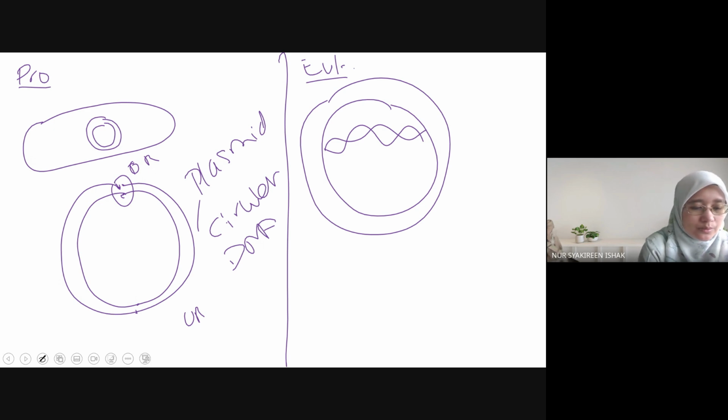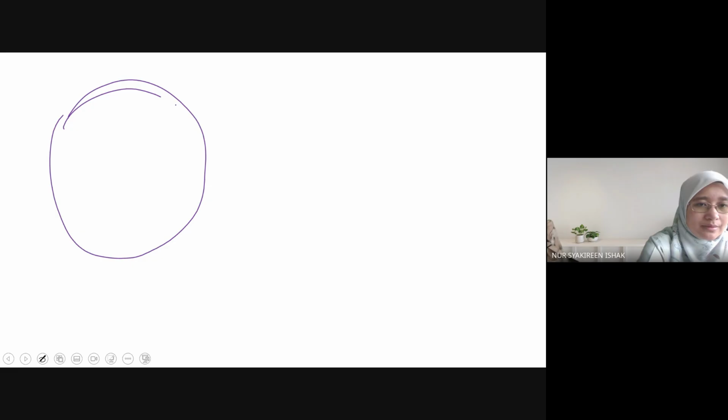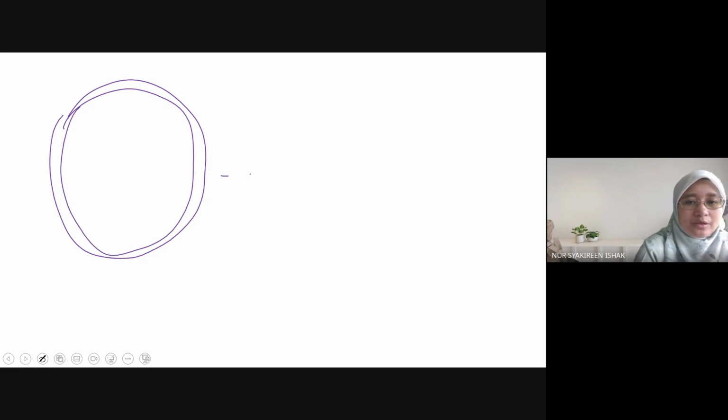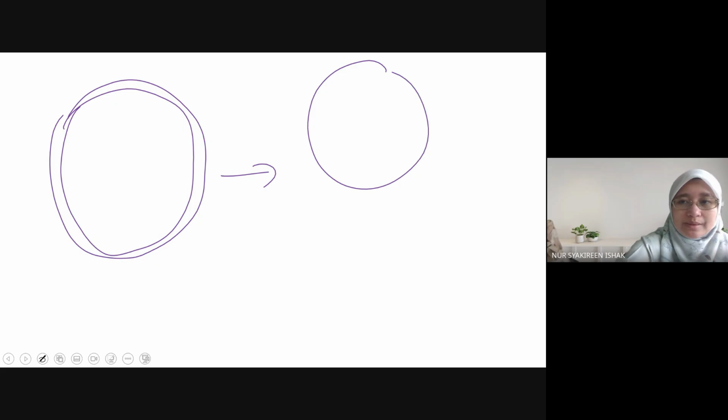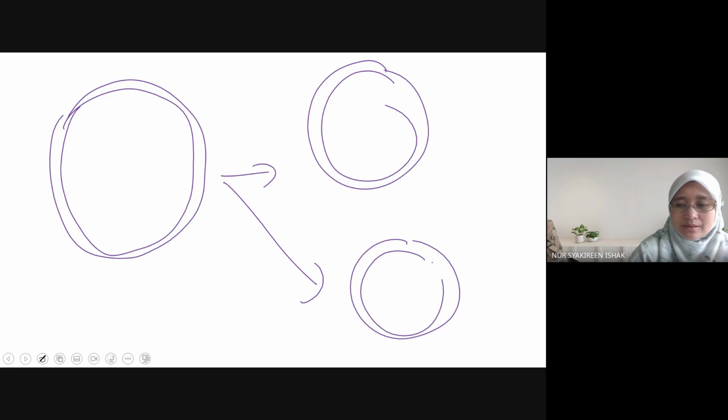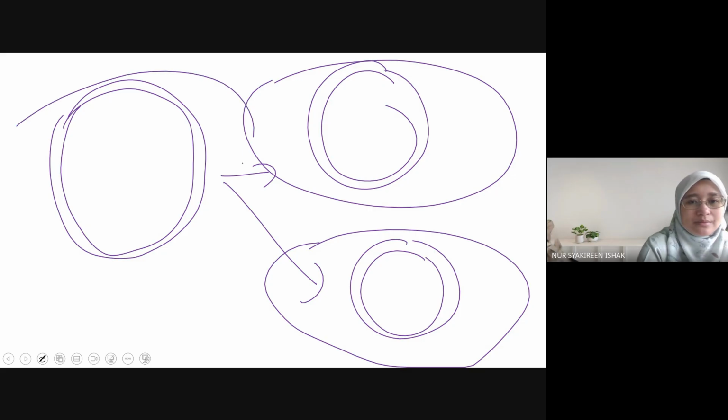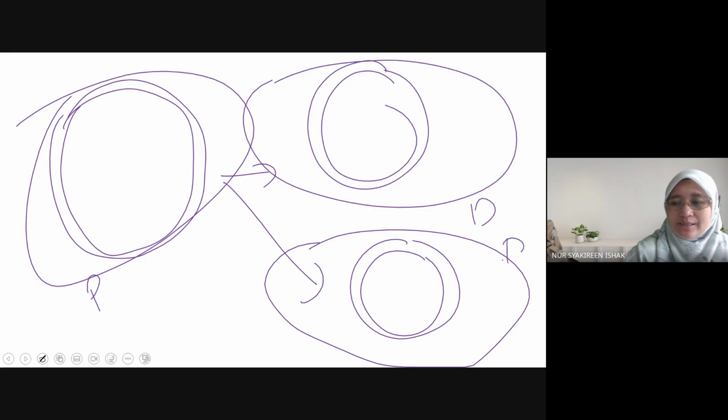So for the plasmid to replicate to form two new plasmids inside a bacterial cell, initially this is the parent and this is the daughter that will be produced.